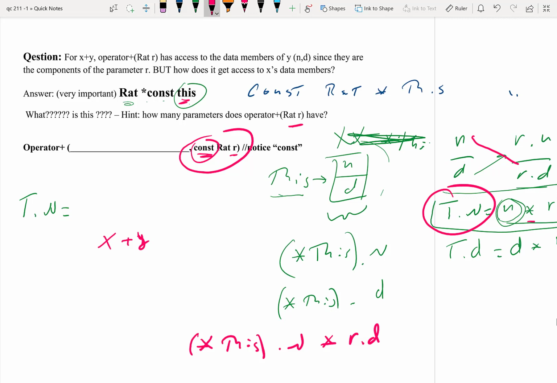If I were the programmer writing the operator plus, and I say this is a const, any attempt to change the n and the d in r won't compile, you get a compiler error. So you'll see it more like that, a const rat r as opposed to just rat r. So that is how you define addition.